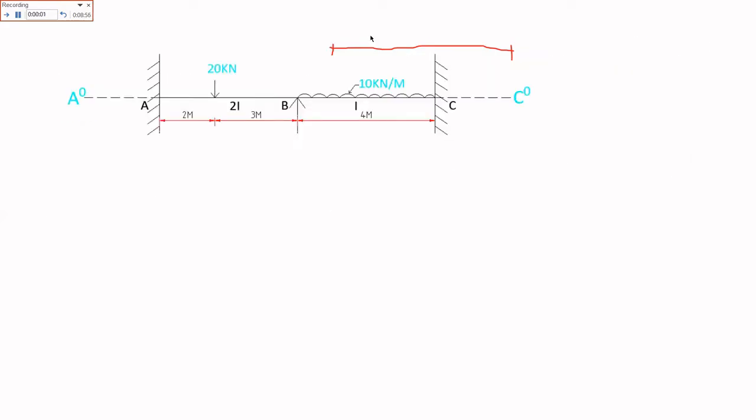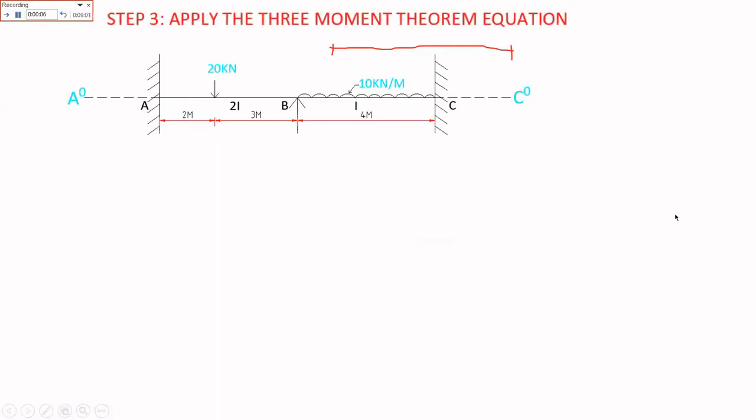So as I had indicated earlier, we are going to assume an imaginary span so that we can apply the 3-moment theorem equation.